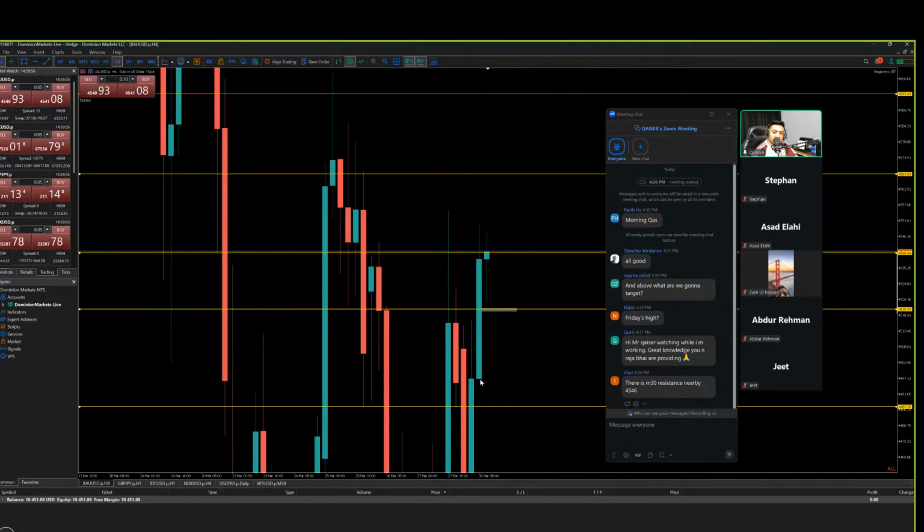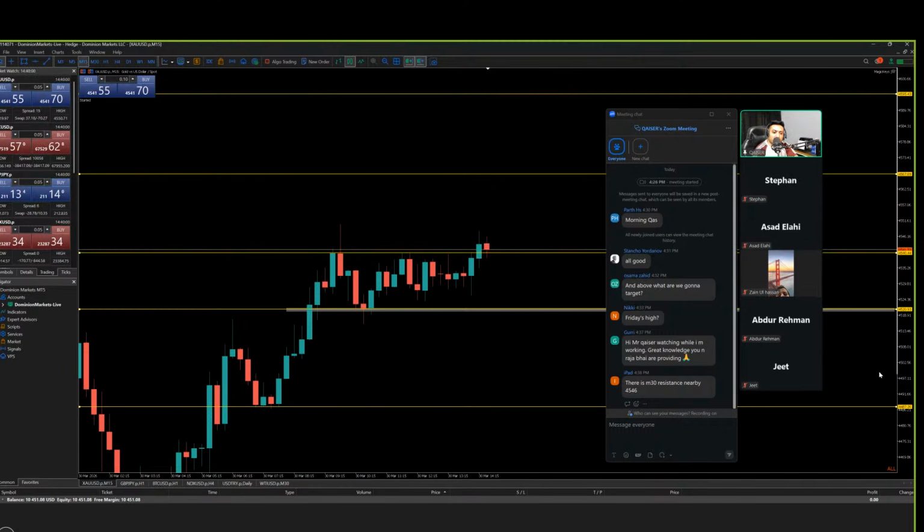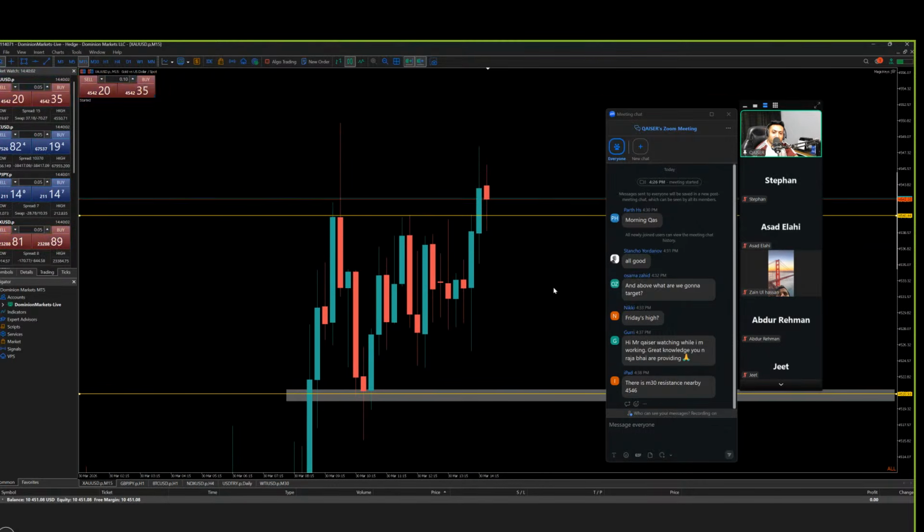This is what gives me more confidence that we might continuously push upside. Might be with the opening of NY, it's going to bring something to the table. If I lose something during the pre-NY, then I will see if I can give my trade a second chance with the opening of NY.